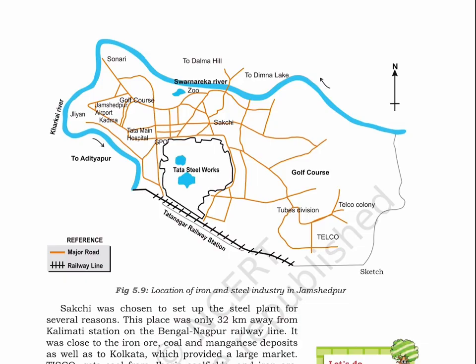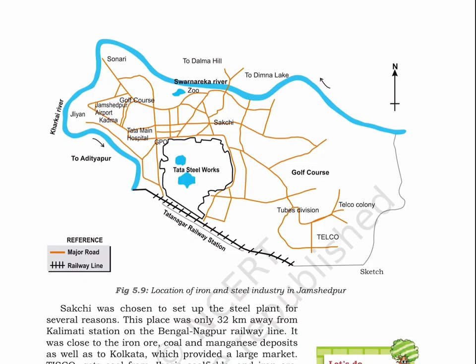There is figure number 5.9. This figure explains the location of the iron and steel industry in Jamshedpur. A map has been given here which depicts the area surrounding the Jamshedpur steel industry. Various places have been given in the map along with the railway line and the major road.